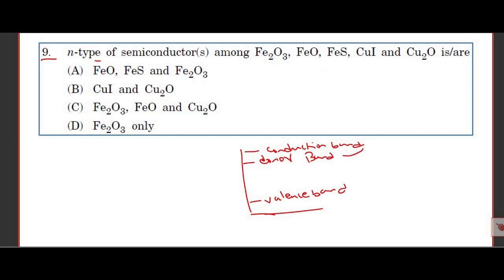Here oxygen is a donor atom and sulfur is a donor atom. Hence Fe2O3, FeO and FeS have donor atoms, and these 3 are n-type semiconductors, and Cu2O is a p-type semiconductor. Here option A is correct.